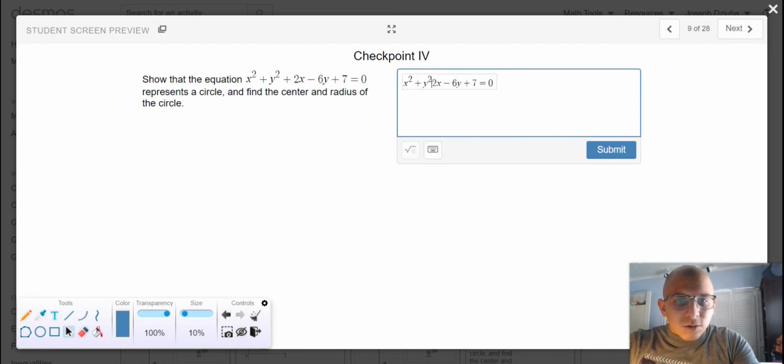I'm going to rearrange my terms and collect things that are very similar together. What I want to do is complete the square on my x terms and my y terms. I'm actually going to throw this constant onto the other side of the equation because it's actually my radius.